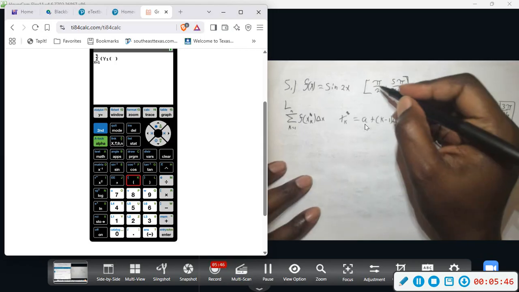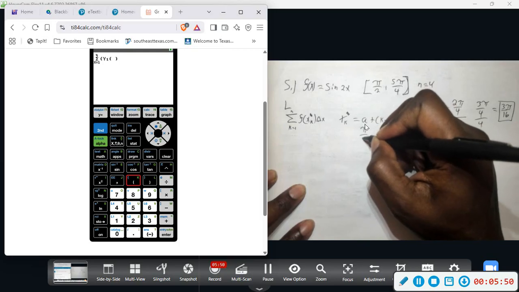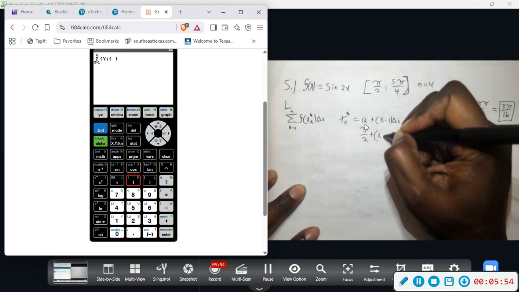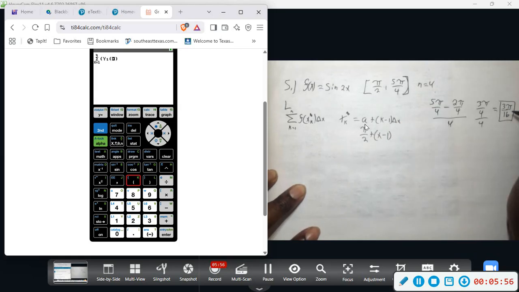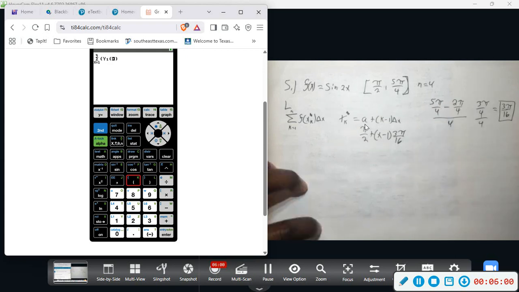Now the a is the starting value, so that is pi over 2, and then plus, we'll say x minus 1 times the change in x, which is 3 pi over 16. Okay, so this is going to give me my left Riemann sum.